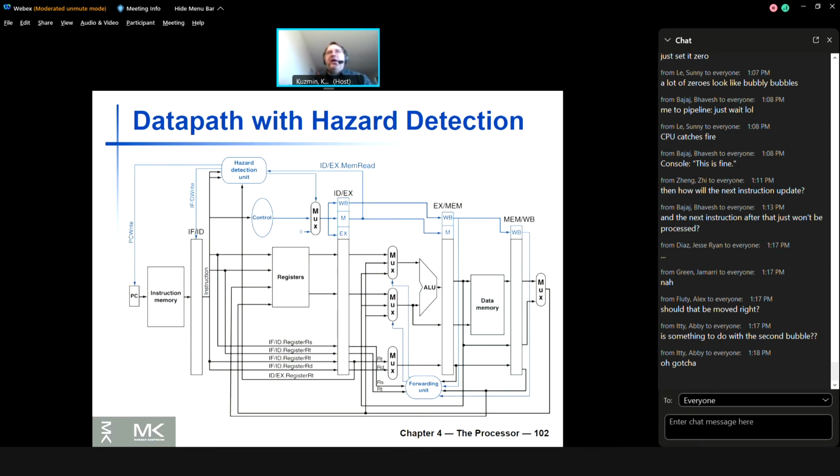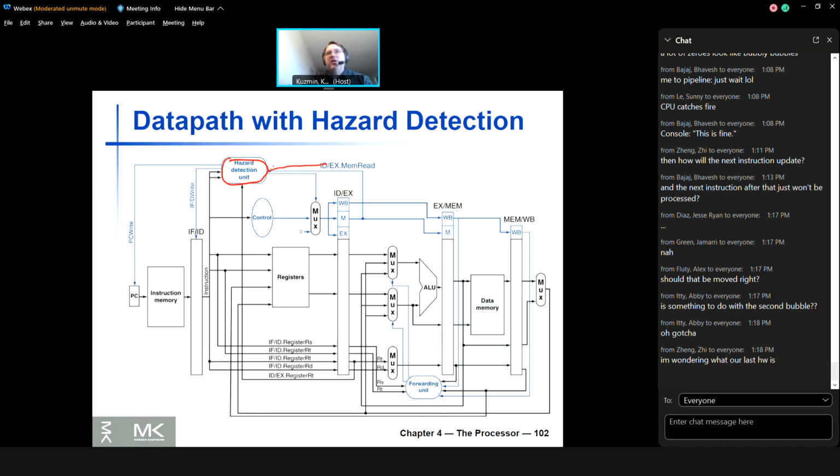And the last thing that we added was this hazard detection unit, right? And you see that here is their input: input control signals, ID/EX MemRead. We also have their data inputs. So this one, if we track it, is coming from this pipeline register.